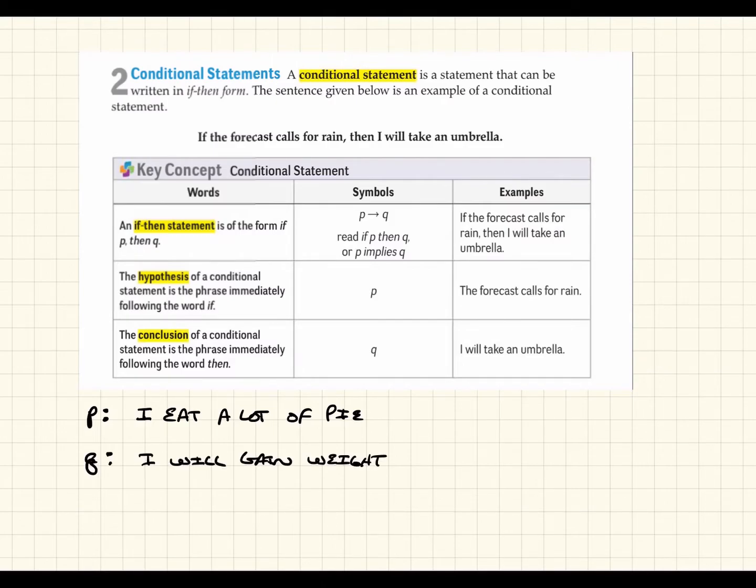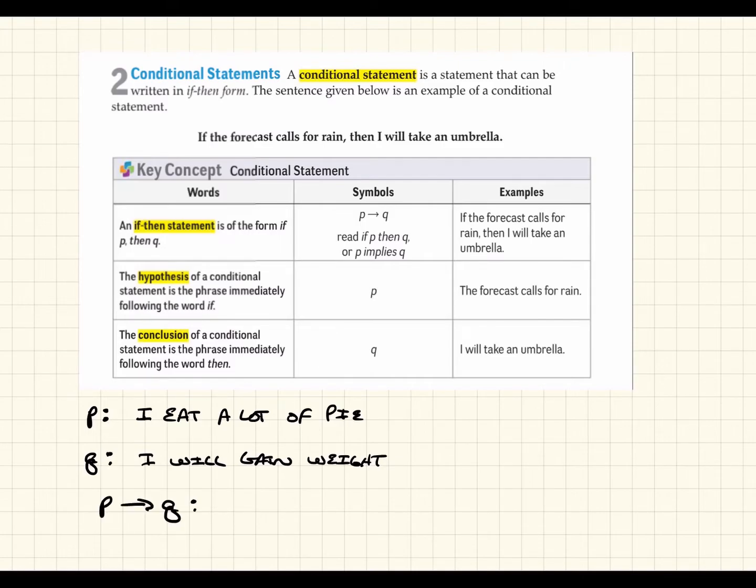Q: I will gain weight. So we can create a conditional statement out of my hypothesis P, if I eat a lot of pie, and my conclusion Q, I will gain weight.